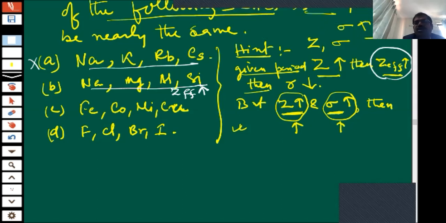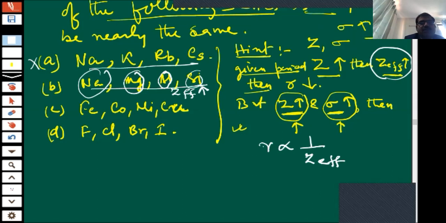So atomic size decreases; radius is inversely proportional to Zeff. So this can't be possible. This one is bigger and this one is smaller, and this one even smaller. So this is not the correct option.